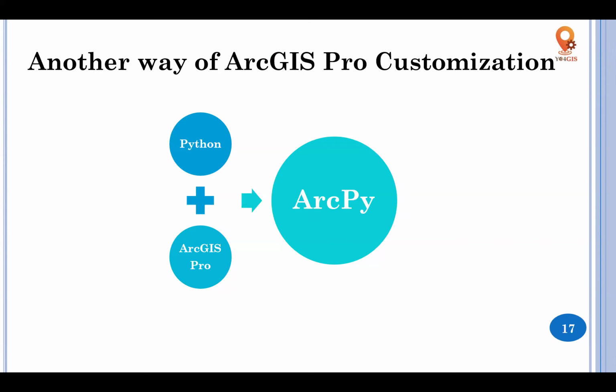Why are we suggesting people to first prefer this course? The reason is C#.NET is harder than Python.